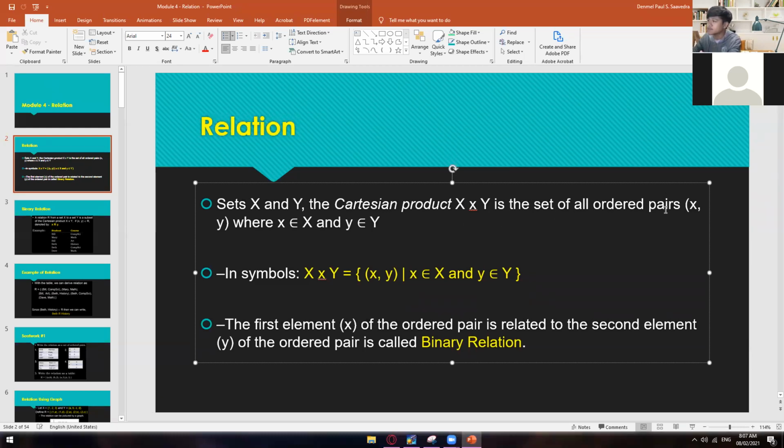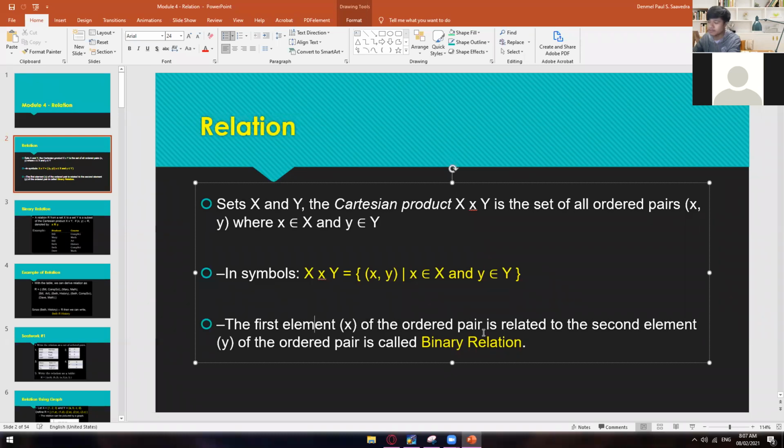Here's your first coordinate, here's your second coordinate. Whatever are the elements of your X, that is your first, and whatever are the elements of your Y, that is the second coordinate. So x is an element of set X, and y is an element of set Y. In symbols, you can write this in this manner: the set such that the pair (x, y) has x an element of set X and y an element of set Y. The first element x of the ordered pair is related to the second element y of the ordered pair.